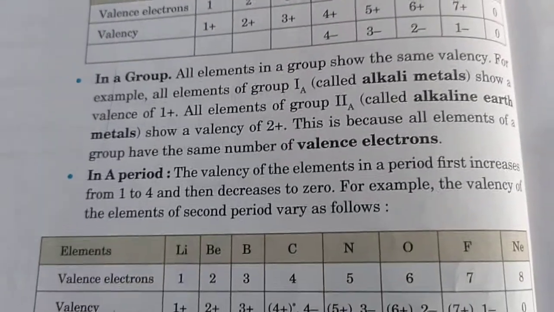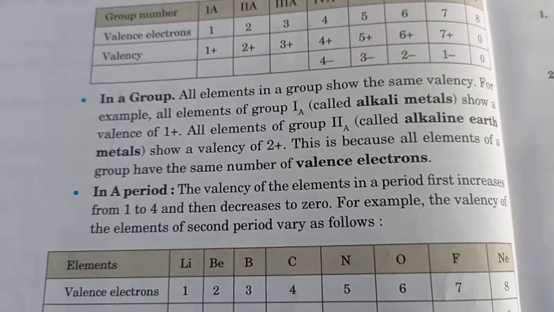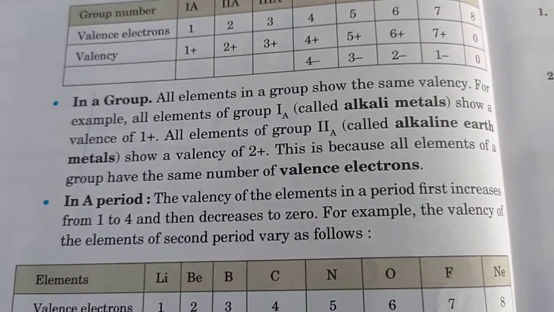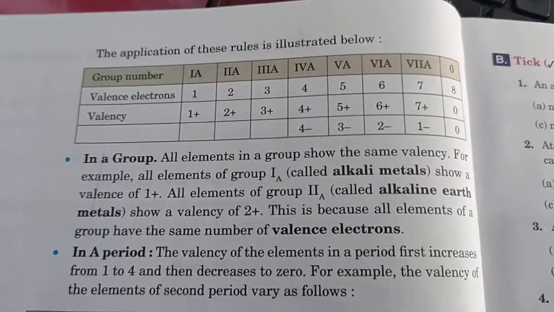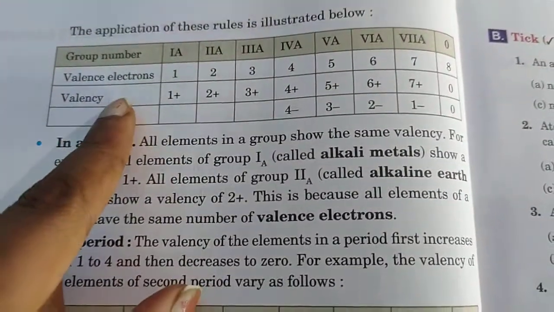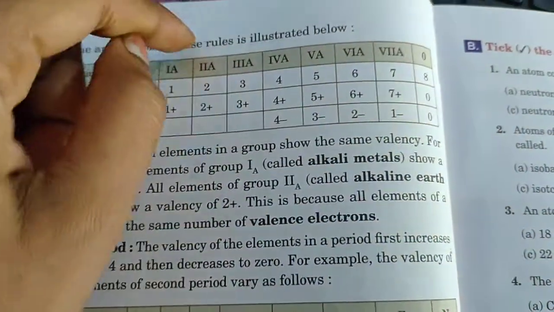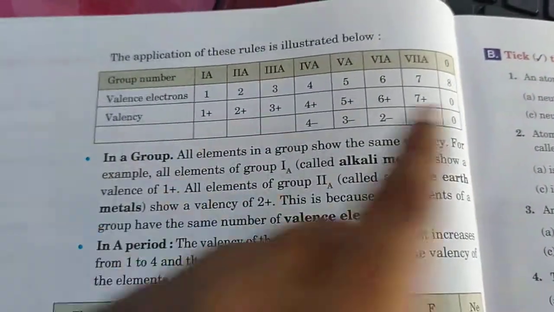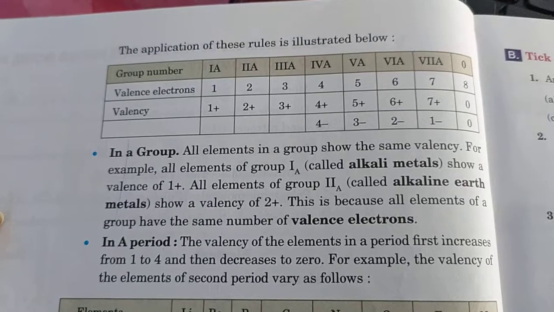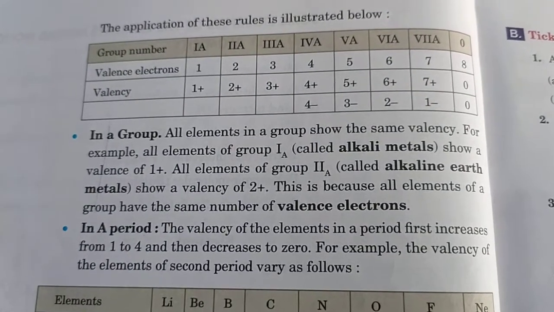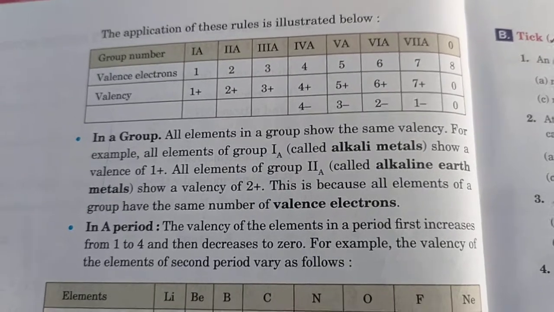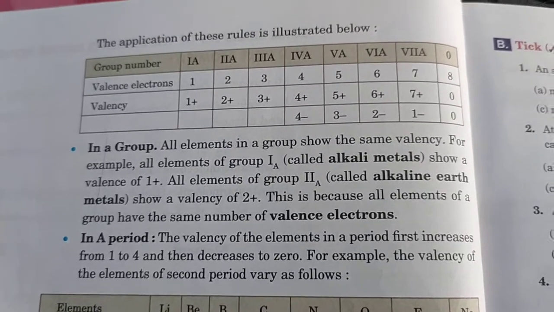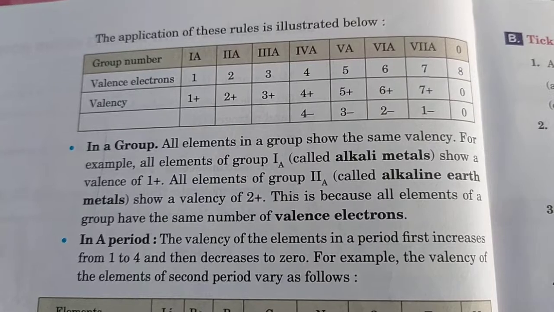Now, how does it vary in a period? A period runs from left to right, while a group runs top to bottom. If you move from left to right, you can see that the valency first increases, +1, +2, +3, +4, and then decreases to 0.